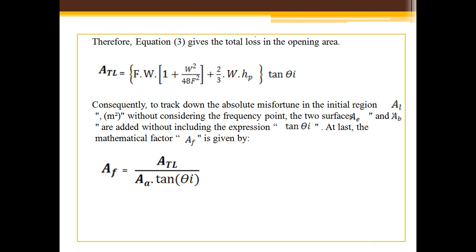This equation, it calculates the total losses in the opening area in terms of incidence angle, focal distance, opening width of reflective mirror, and HB, parabola depth, tan incidence angle.